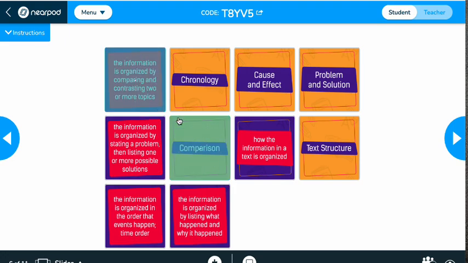So I know that comparison and comparing and contrasting is probably the same thing. Here, I see that it says the information is organized by stating a problem and then giving one or more possible solutions. Well, one of my options is problem and solution. So I bet that goes together.